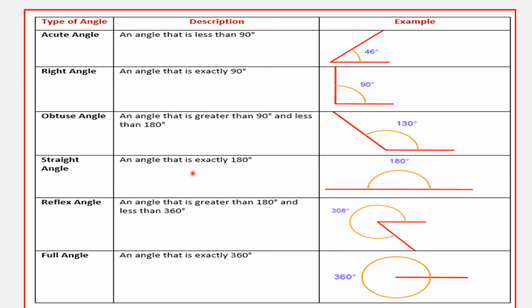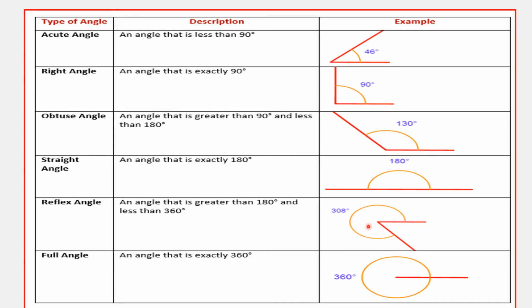Straight angle, an angle that is exactly 180 degree. You can see here this is a straight line. So it is making 180 degree, 90 and 90 this side. So 90 plus 90, 180 degree. Reflex angle, an angle that is greater than 180 and less than 360. 360 is one full rotation, but reflex angle is greater than 180.